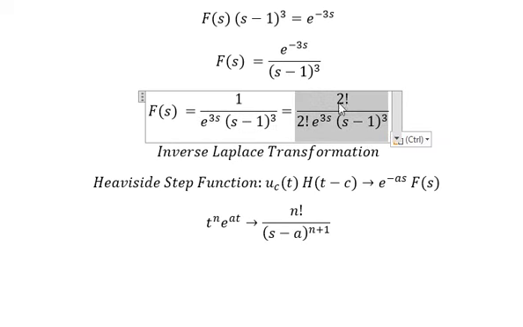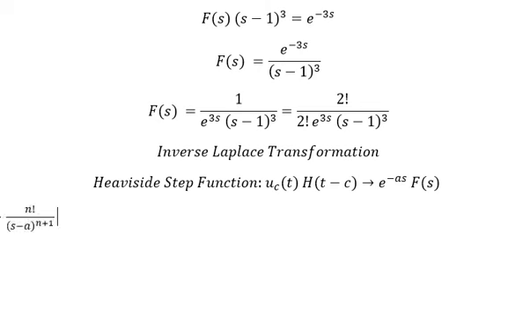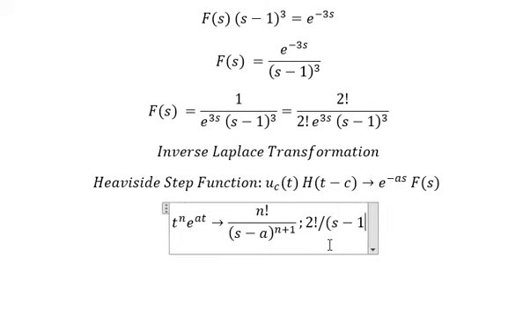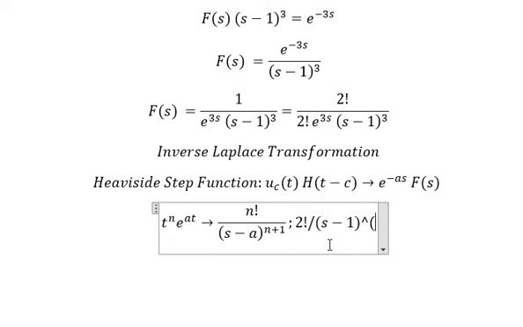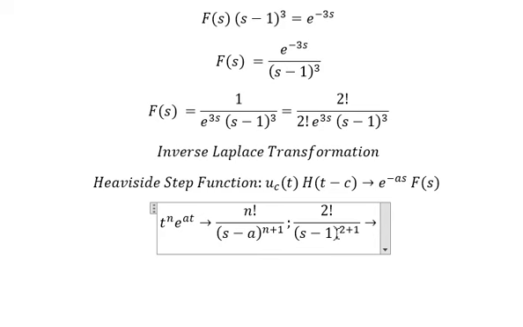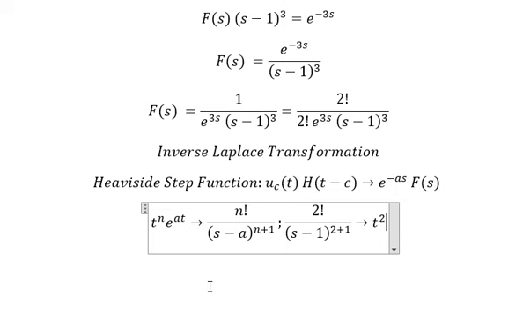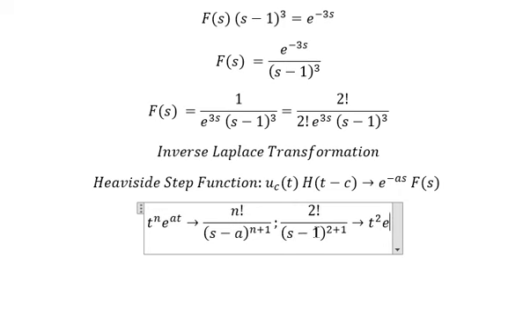So 2 factorial over s minus 1 to the power of 2 plus 1, we need to transform into n equals number 2, e to the power of a equal to number 1.